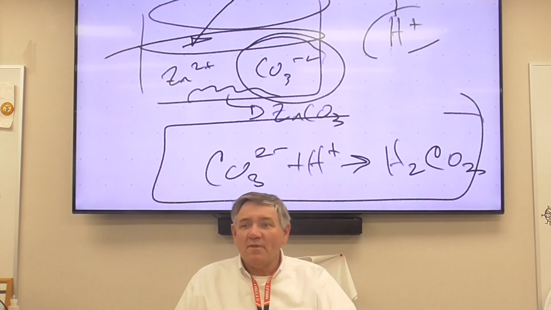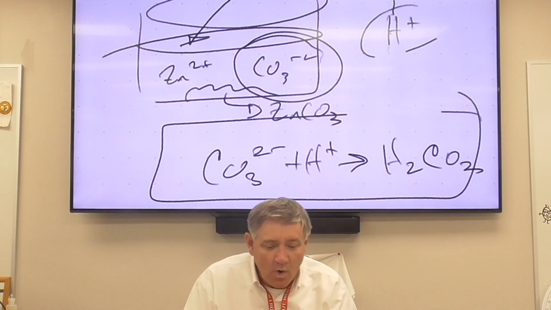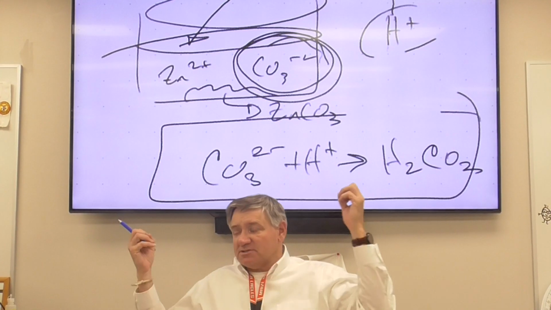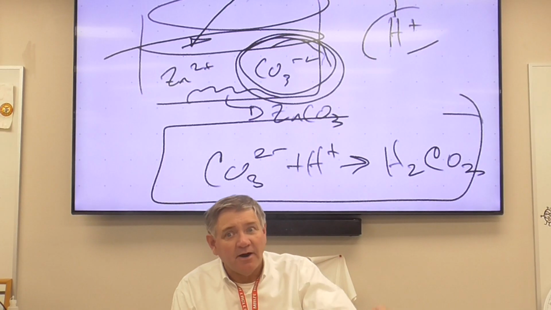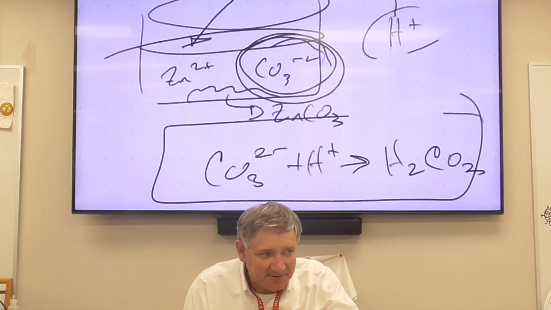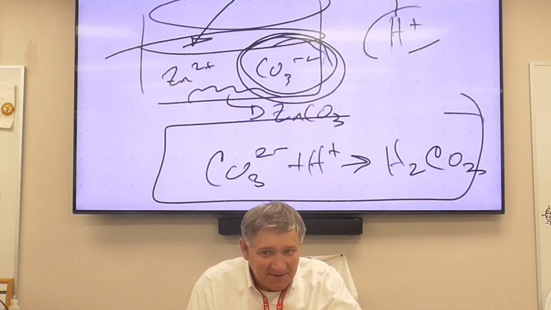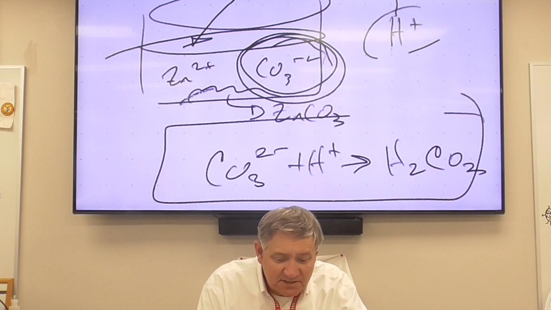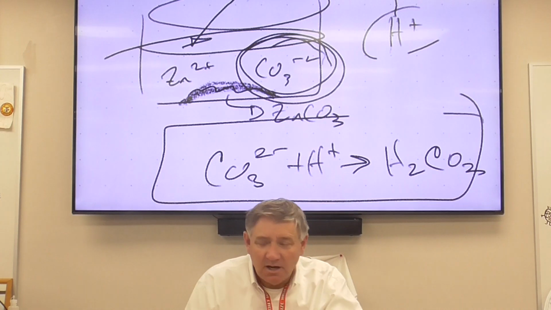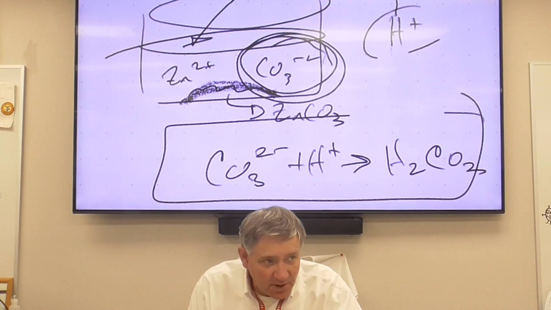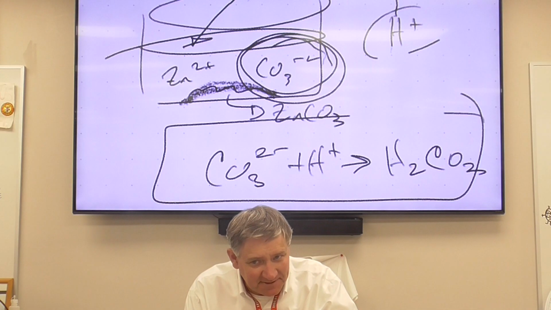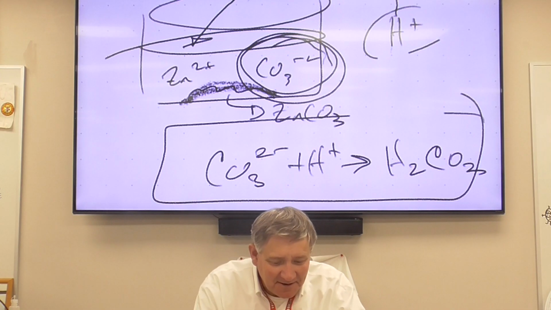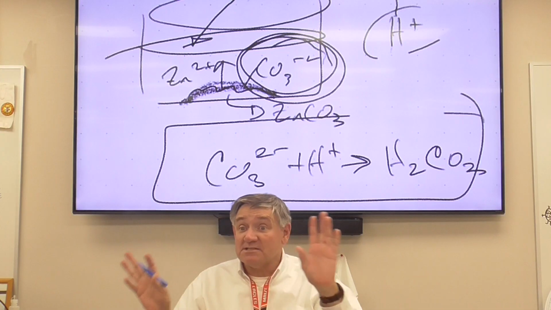Now, when that happens, what's going to happen to the concentration of free carbonate ions in that solution? Oh, it's going to go down. So what's the only source of the replacements for the carbonate ions? The precipitate. So what's going to happen? It's going to go away. Bye-bye. Well, it's just going to change forms.